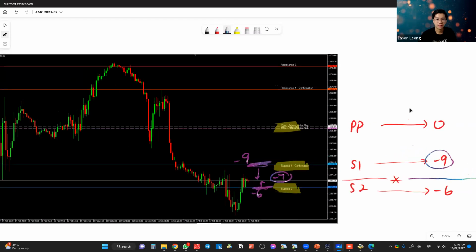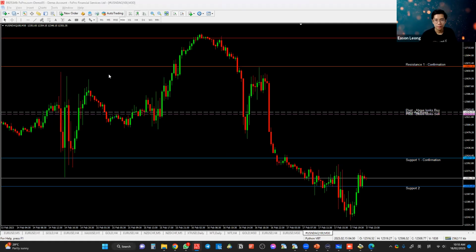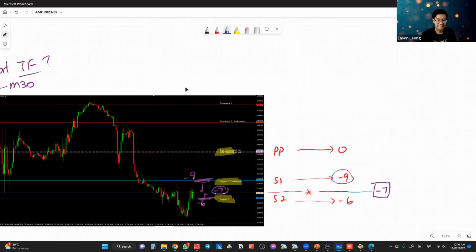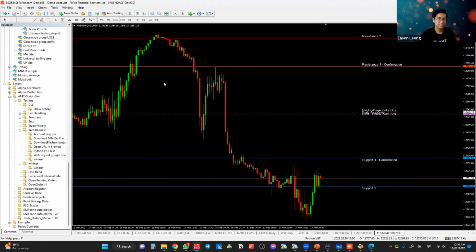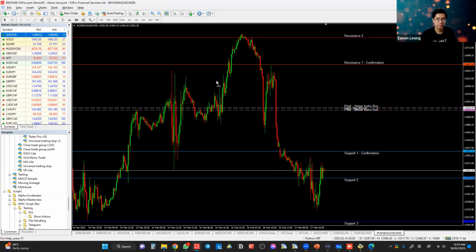Okay, I saw the questions. What time frame? Okay, I write TF as time frame. So what time frame it is? Now I'm using M30. But to let you guys know, this is pivot strategy daily, meaning that right now it is in the daily, right?